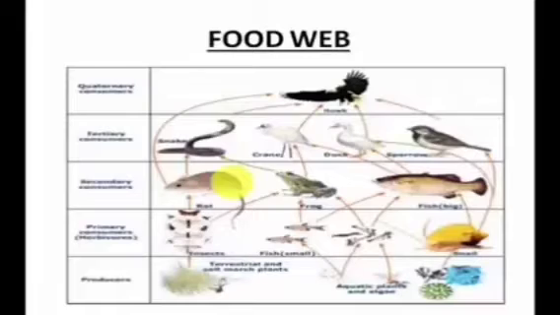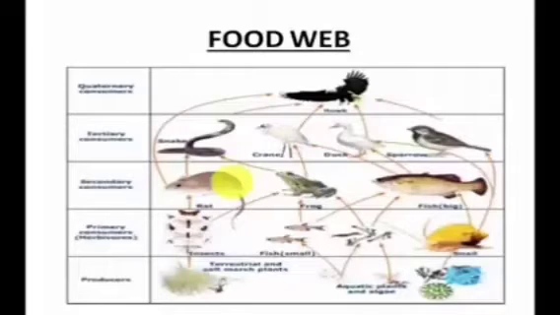Food web. Now, when energy is transferred from one level to another, from producer to consumers and to decomposers as they interact in an integral way, the energy transfer from one level to another becomes a chain, or it is interlinked.